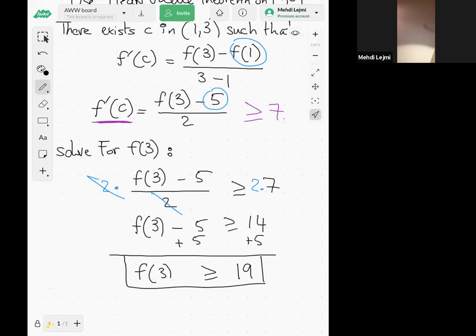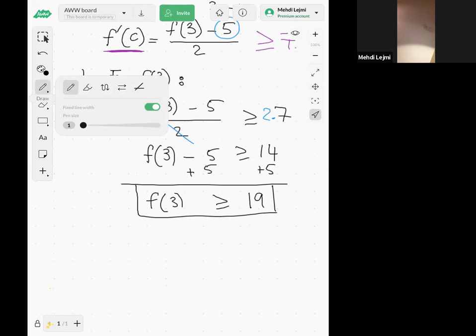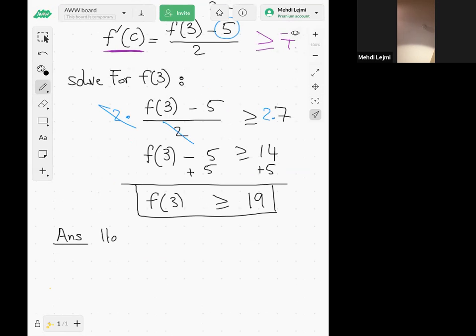All right. So how small can f of 3 possibly be? Well, the answer would be 19. Okay. So to answer the question, how small can f of 3 possibly be?